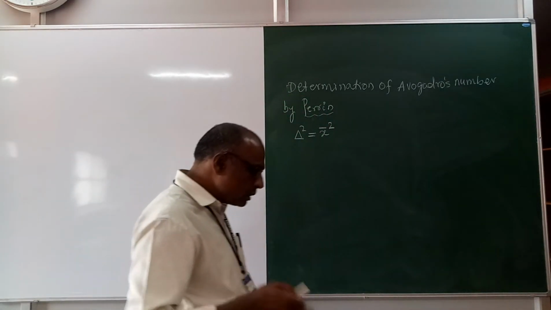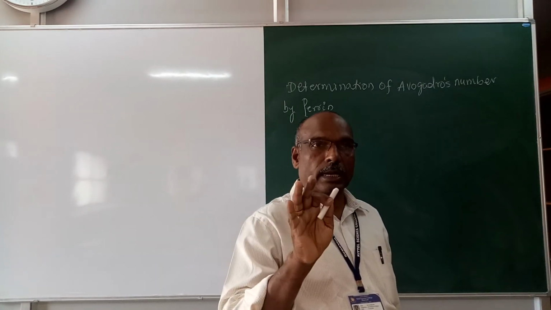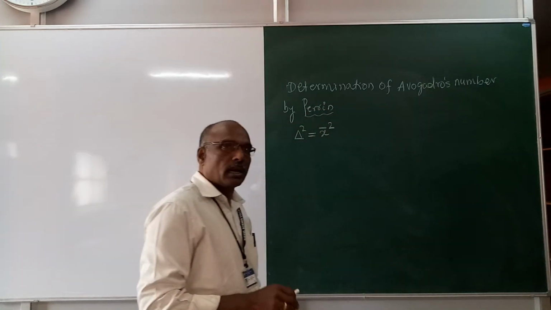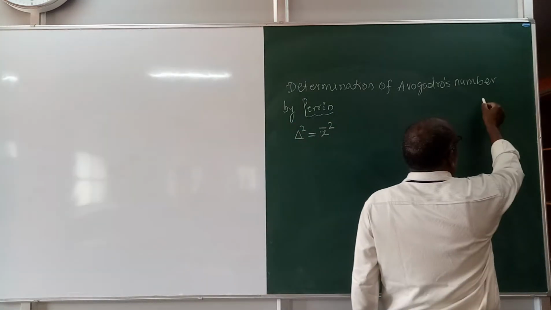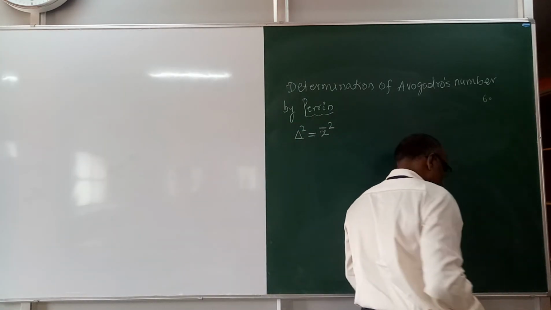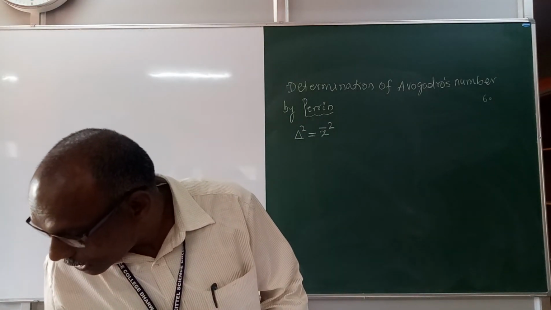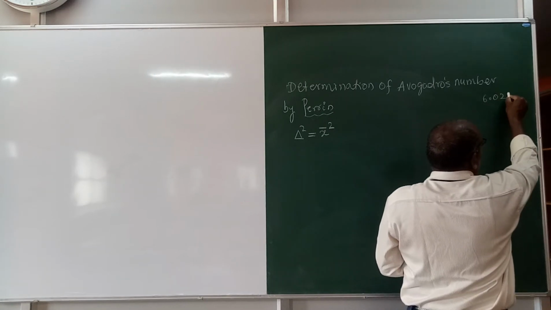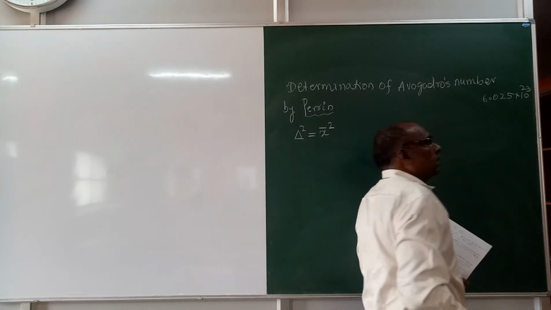When Einstein proposed this theory, during that period also the number was known, called Avogadro number, and its value. The experimental value of Avogadro number is, say, what is its value? That is 6.025 into 10 raised to 23, right?